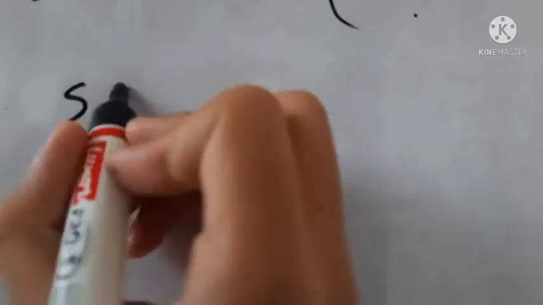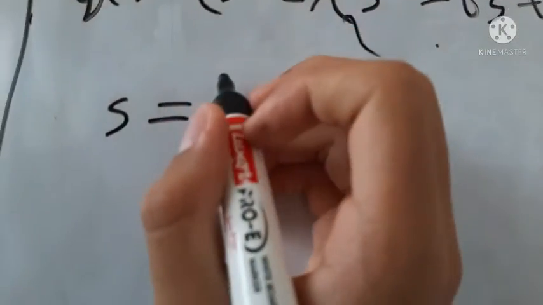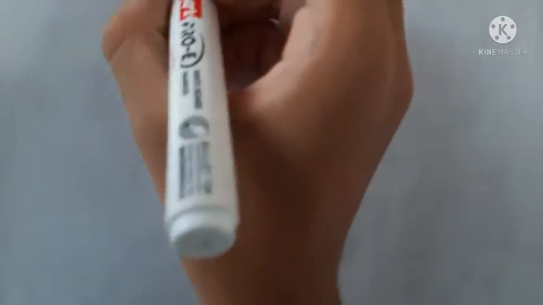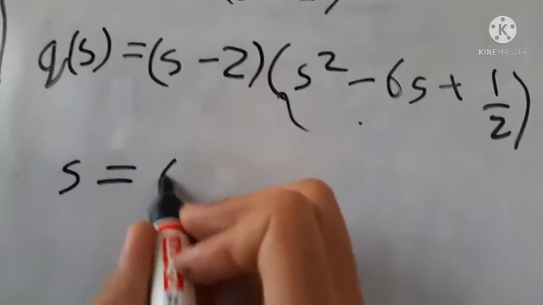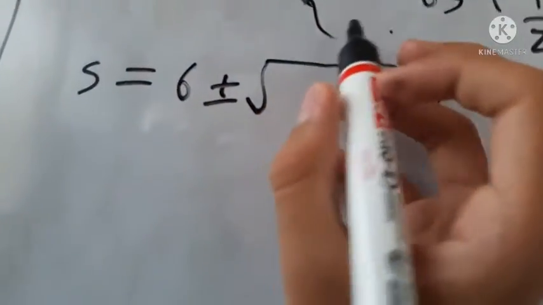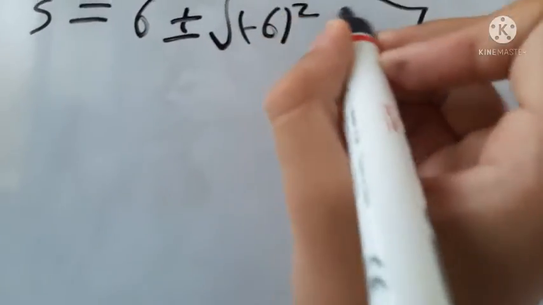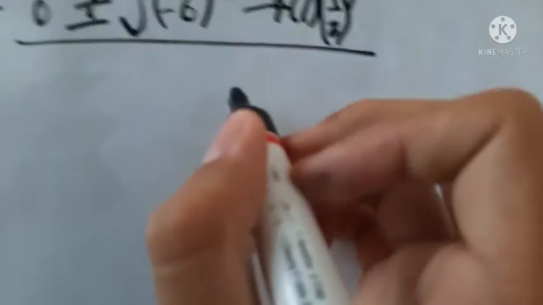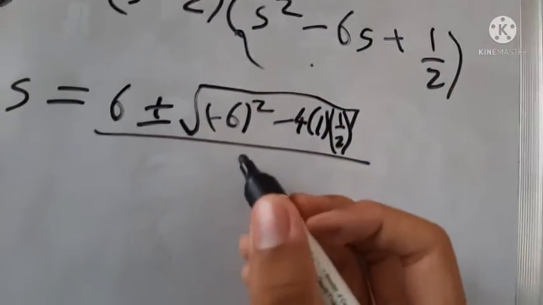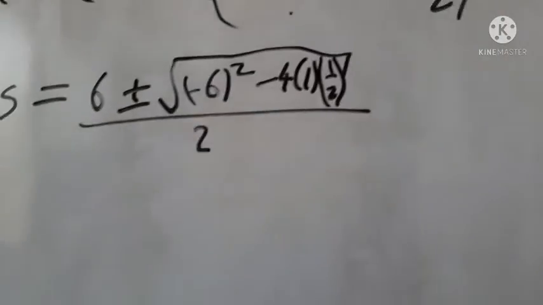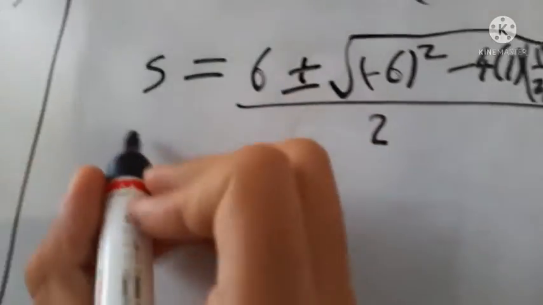So we know that S would be equal to, okay, minus b, that's minus minus 6, plus or minus square root of b squared, which is minus 6 squared, minus 4 times 1 times 1 over 2, over, this is the denominator, it's 2a, so 2. Okay, that makes sense.